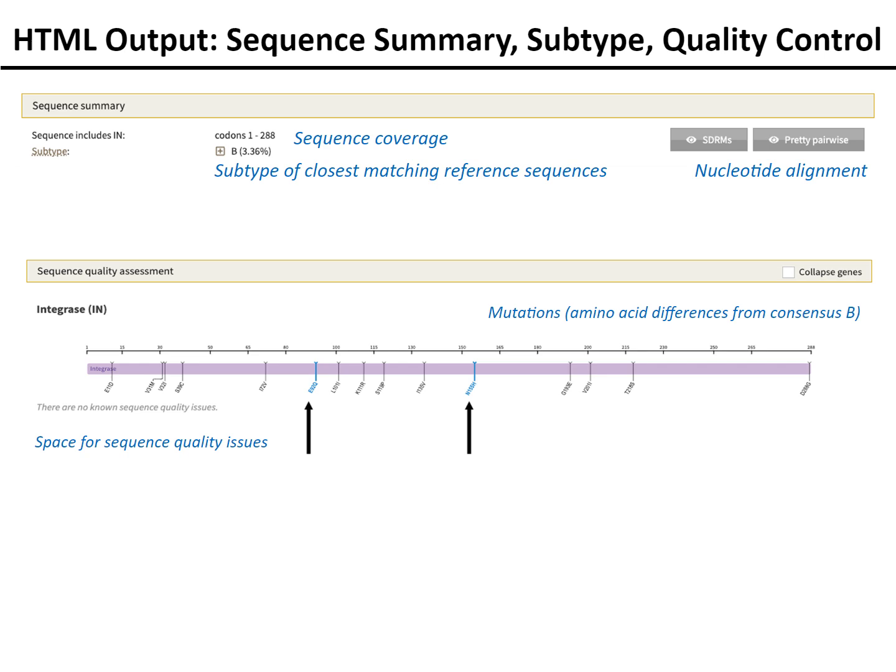Here I'm showing two drug resistance mutations. Beneath the figure, there is a textual summary of sequence quality issues when they are present in a sequence. These include stop codons, frame shifts, mutations suggesting that APOBEC-mediated G to A hypermutation is present, and highly unusual mutations.